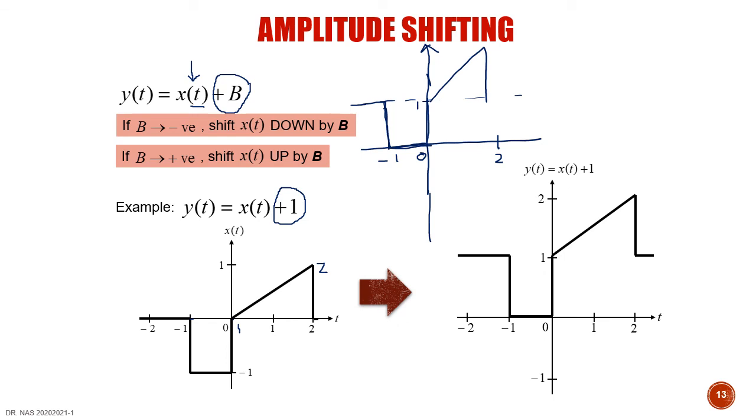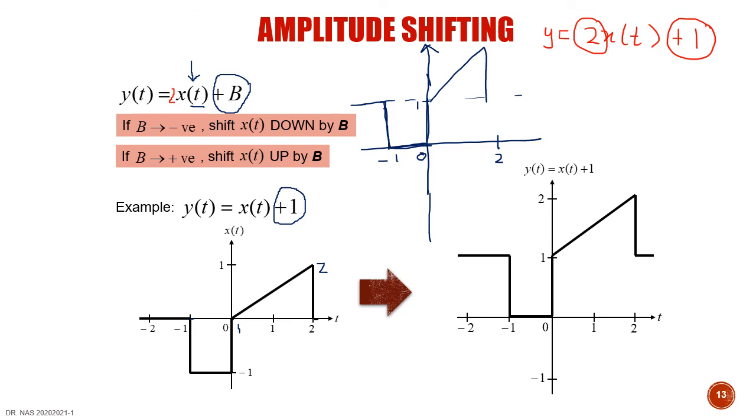Okay, so what happens if you have a different variable in front of x? If you have 2x, for example, if you have y equal to 2x(t) plus 1, so you know that the signal is being shifted up in amplitude by 1, and you have amplitude scaling by 2. So what does it mean by amplitude scaling?